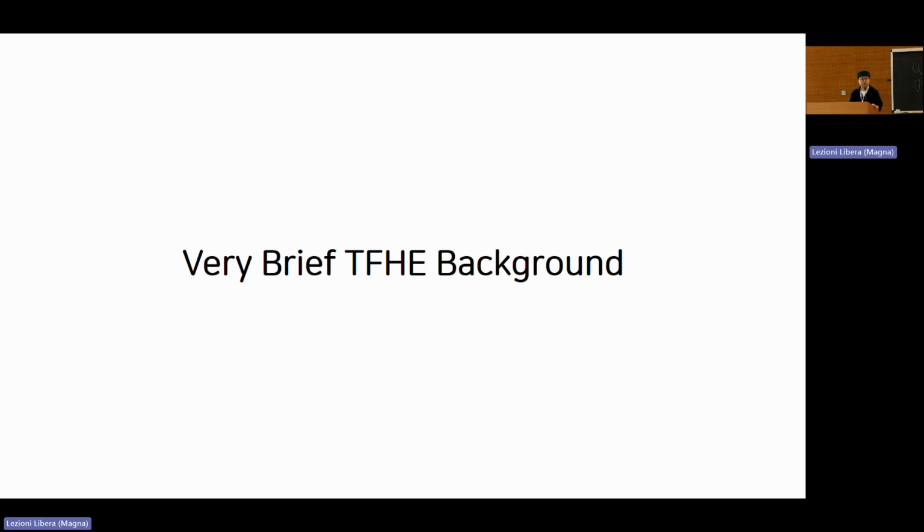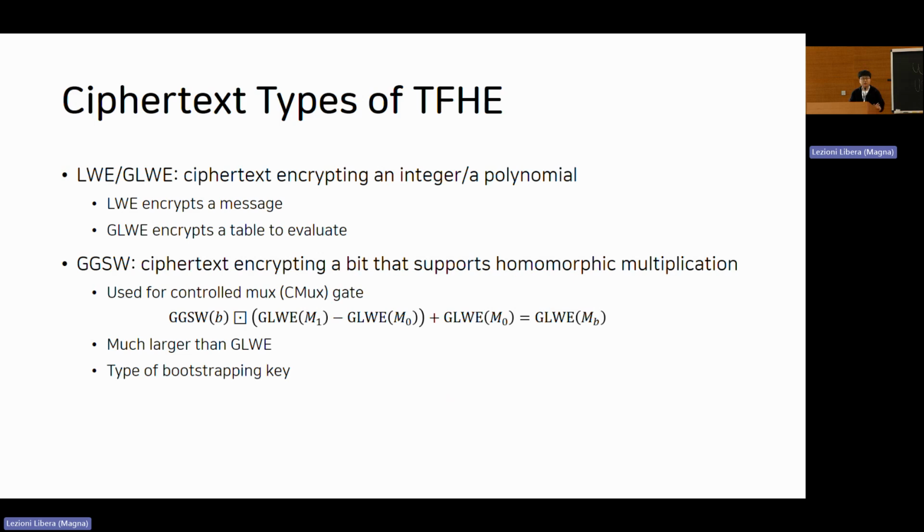Before going to the details of FRAST, I will give a very short and brief TFHE background. Many ciphertext types are used in the TFHE scheme. Basically, the LWE ciphertext is used to encrypt an integer message. Its generalized variant, called GLWE, is used to encrypt an integer-coefficient polynomial, and it is usually used to encrypt a table to evaluate during the homomorphic LUT operation.